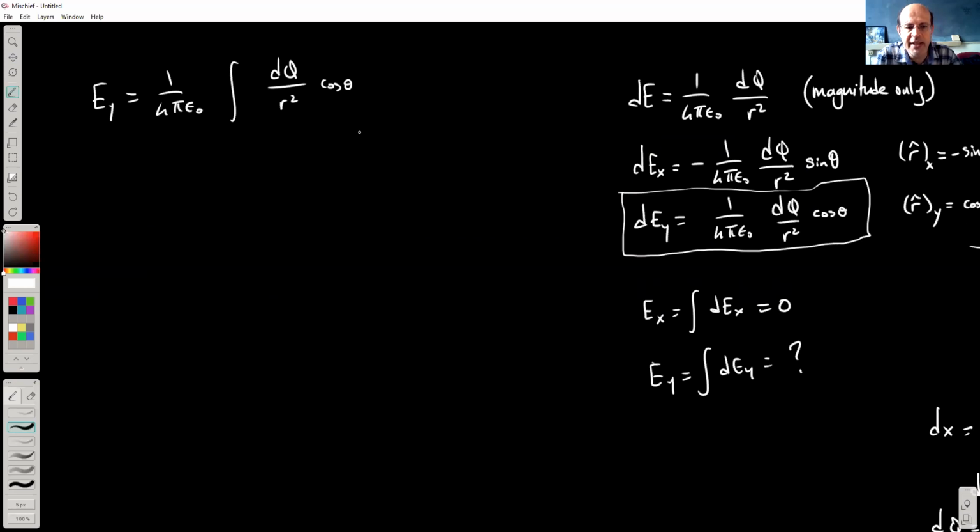Right, that's the one that I need to evaluate, but still it's not in the final form that's ready to be evaluated. This is still symbolic. So there is this dq quantity in here, there is r quantity in here, and then there's this cosine theta. I need to be able to express them in terms of a single variable. So express all in terms of the integration variable.